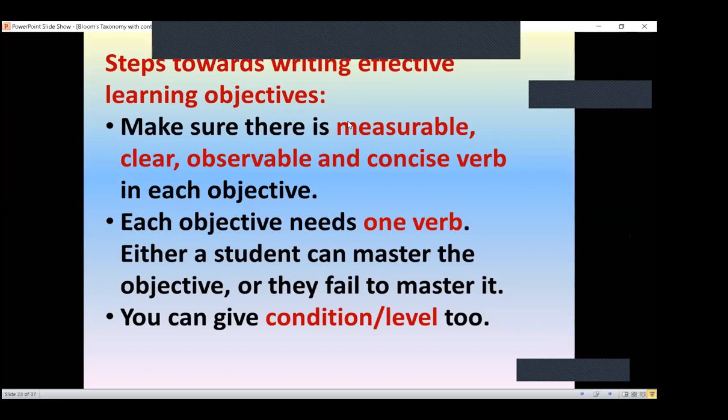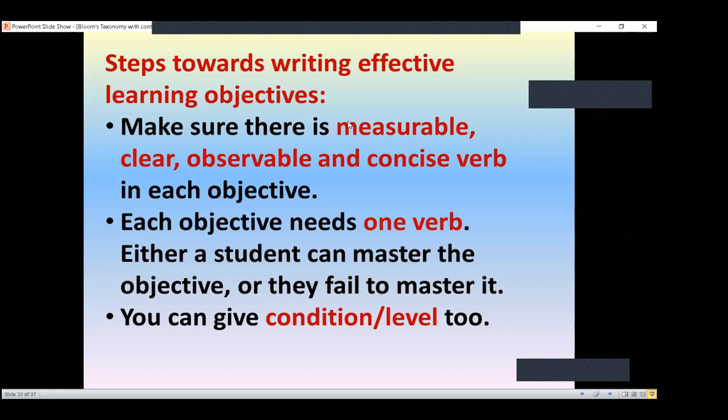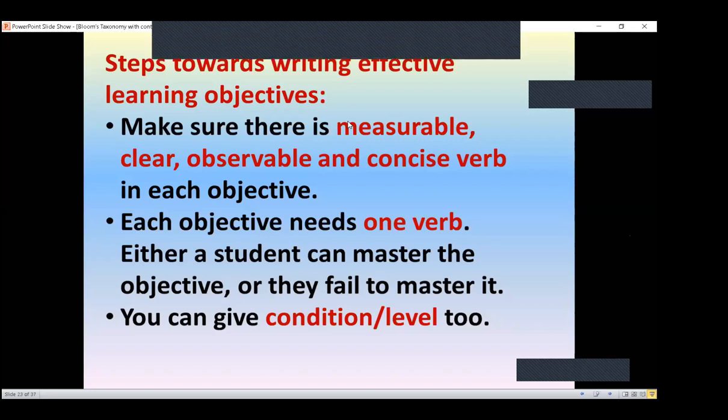It is clear. It should be a concise verb. So in each objective, there has to be one verb which has all these features. And you can mention the level also, whether it is remember, understanding, or apply.